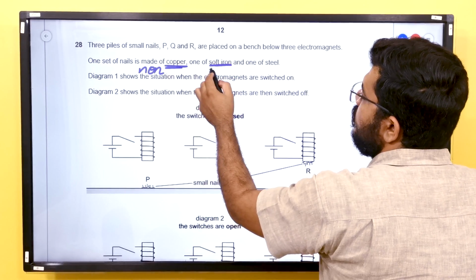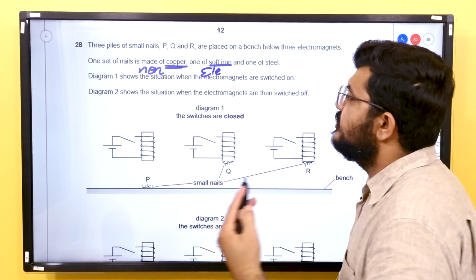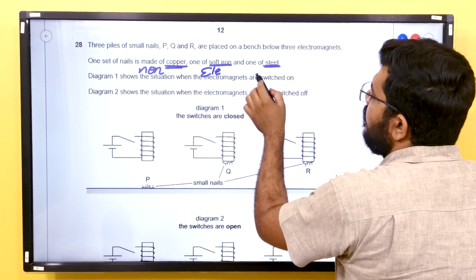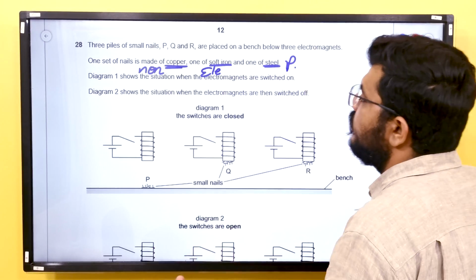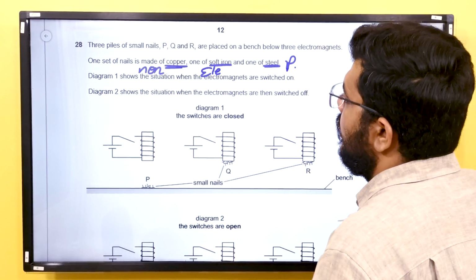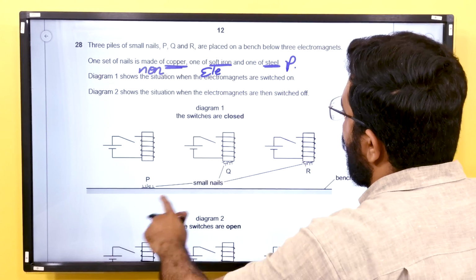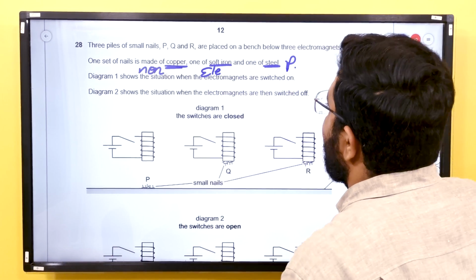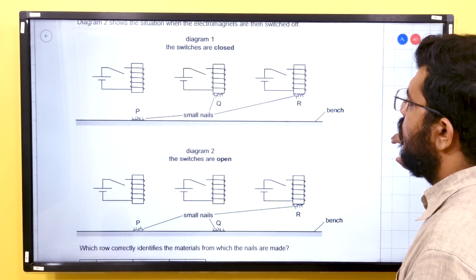Soft iron can be used to make an electromagnet because it gets magnetized temporarily, and steel can be used to make a permanent magnet because it can stay magnetized for a longer amount of time. Diagram 1 shows the situation where electromagnets are switched on, and diagram 2 shows the situation when electromagnets are switched off.